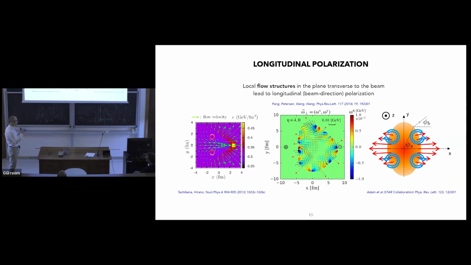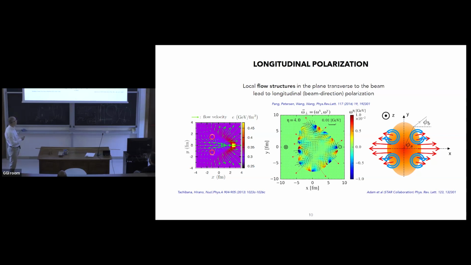Apart from this initial vorticity from the orbital part, you can also have initial vortices, a distribution of small vortices in the transverse plane, and this results from the geometrical structure in the transverse plane, this almond-like shape.